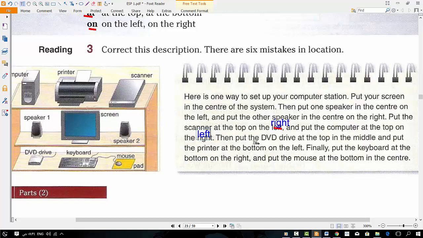Then put the DVD drive at the top. No, at the bottom. Not in the middle. On the left. At the bottom, on the left.